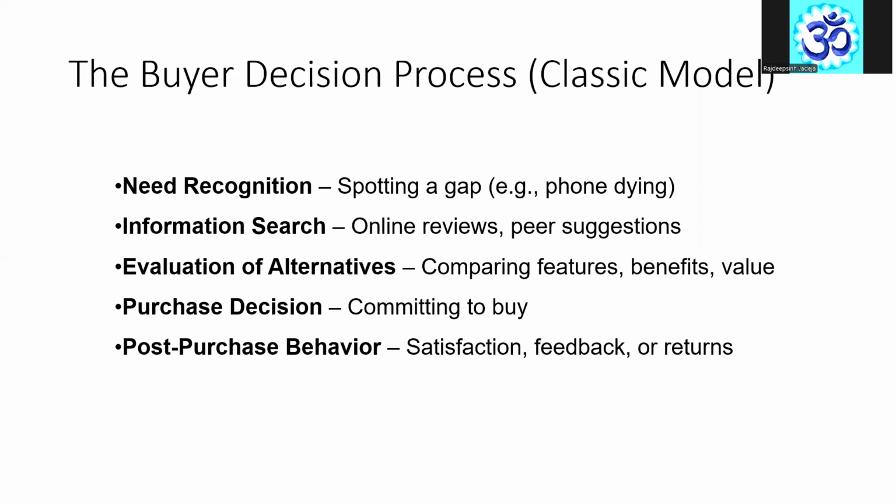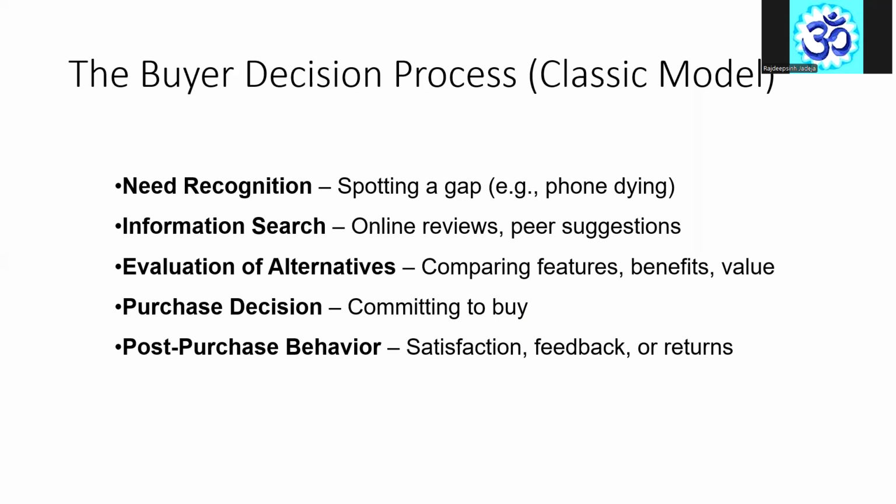Then what will I do? I will do an information search, in which I will check the online reviews of the phone that I want to purchase. Let's say if I want to purchase an iPhone, I will check the online reviews of iPhones. I will ask my friend whether it is good to purchase this iPhone or not. Then I will do evaluation of alternatives.